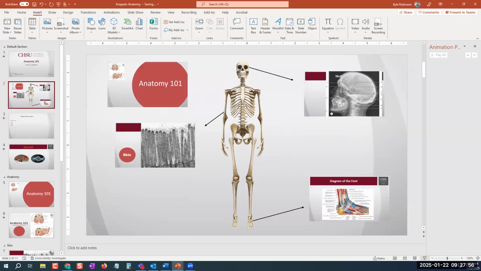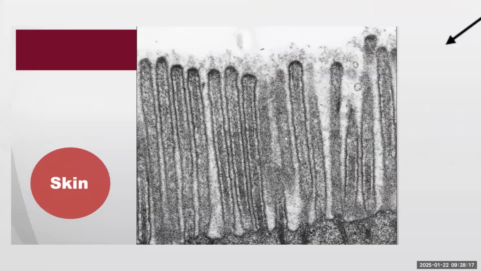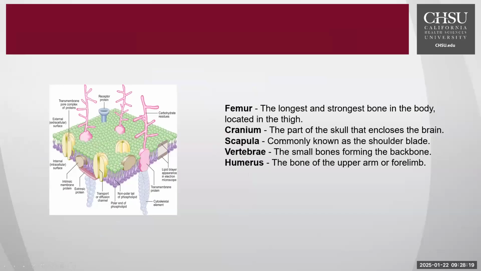We're going to go into our slideshow. And what you can do, if you're talking to students maybe or whatever audience, is not go 1 to 50 right down the middle. If you break it up into sections, it's more dynamic as you're speaking. Maybe they want to learn about skin real quick, or you have something to say about the skin, you can click on this and it'll go to that part of your presentation.